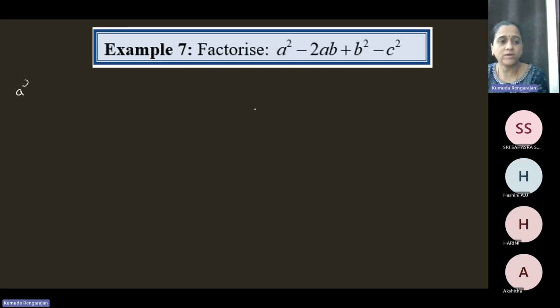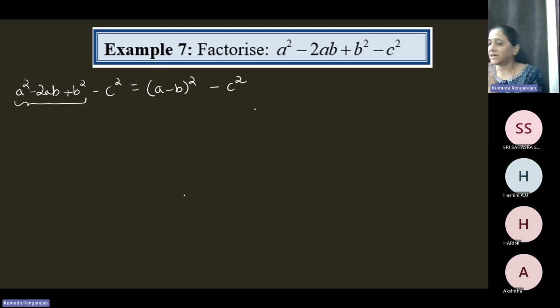So here, a squared minus 2ab plus b squared minus c squared. a squared minus 2ab plus b squared can be written as a minus b the whole square, identity.